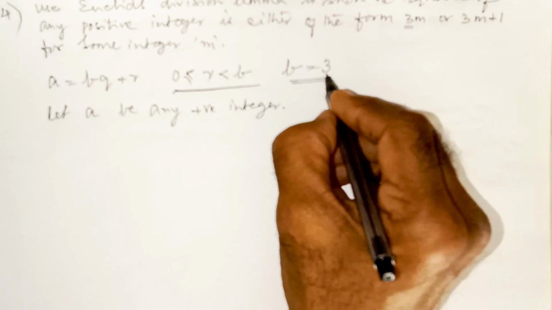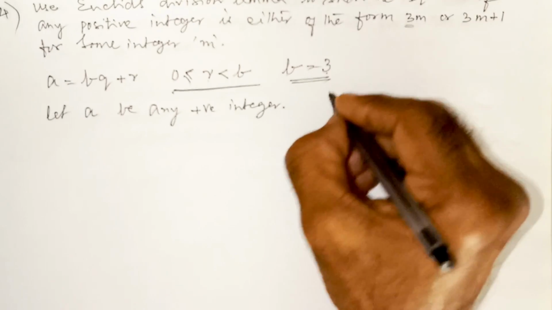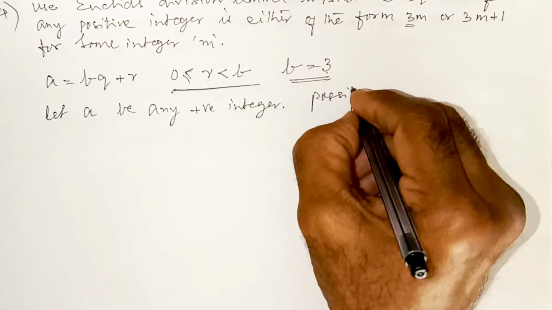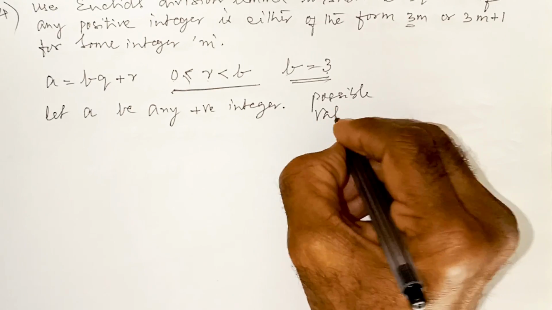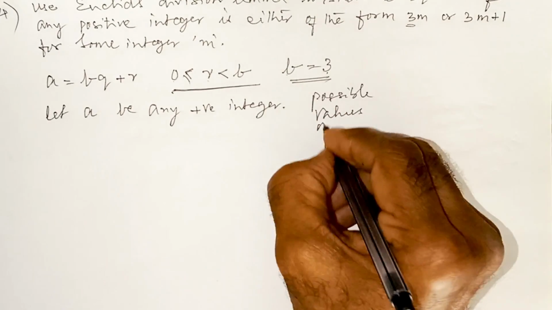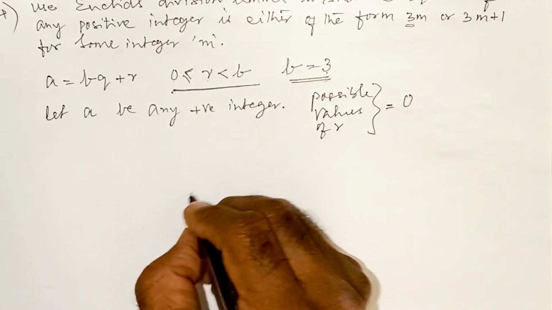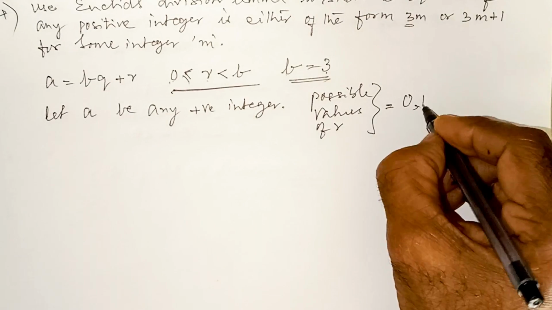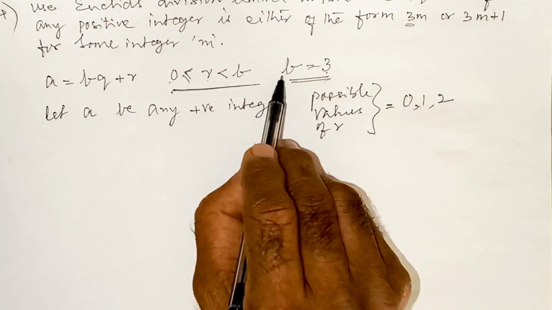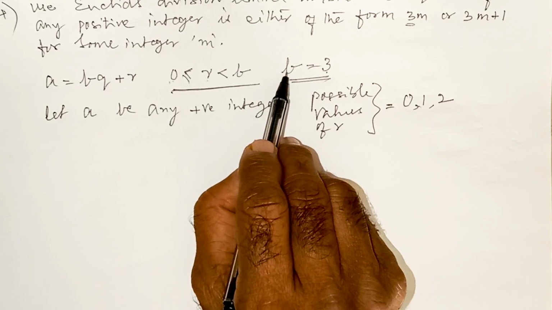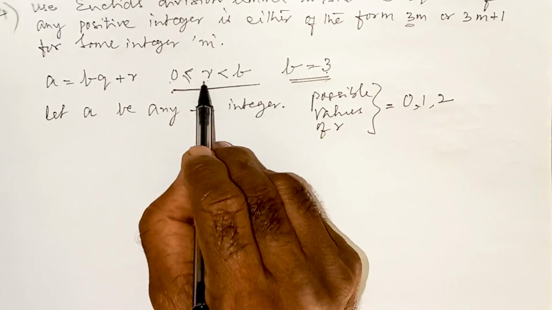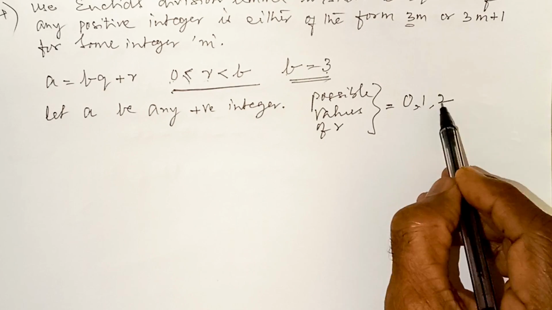When we have 3 as b, possible values of r are 0, 1 and 2. We should always remember when b is 3, r value should be 1 and 2 only.